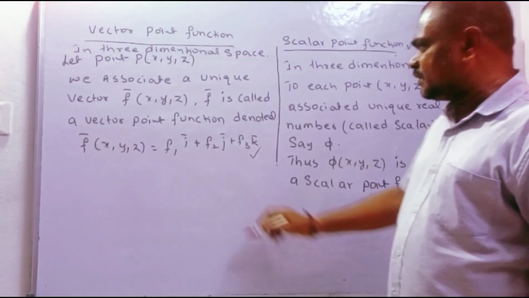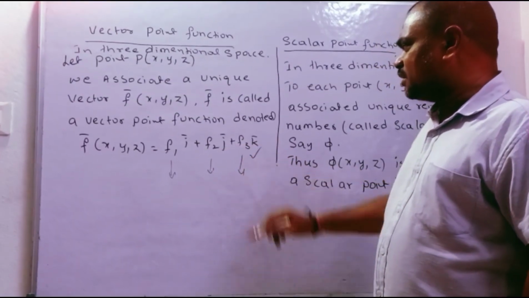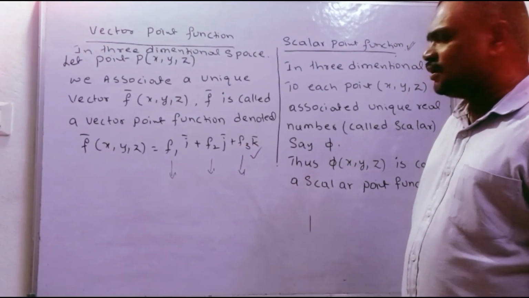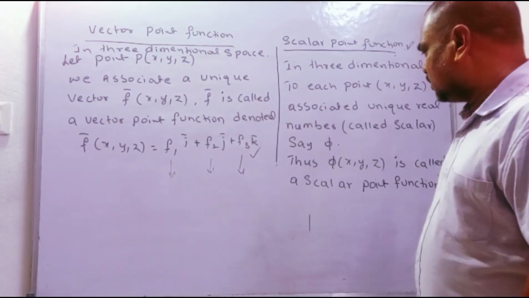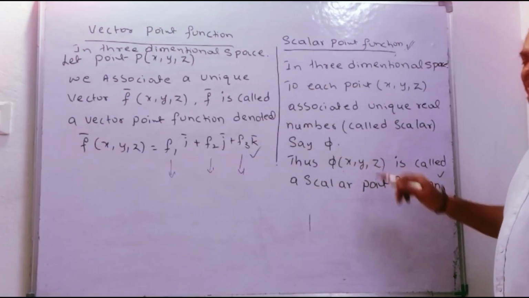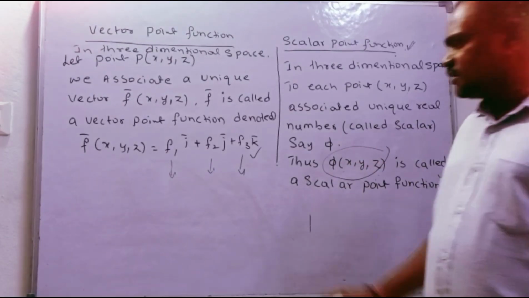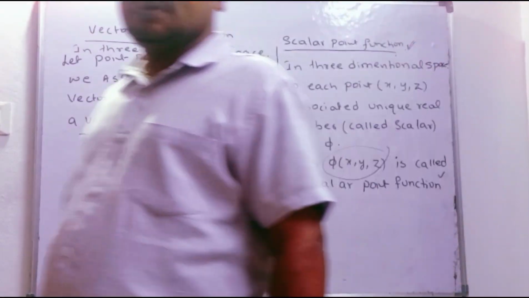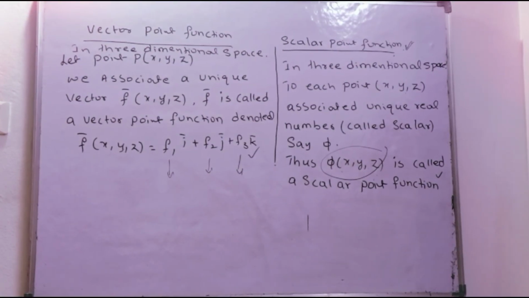A vector point function has the components f1, f2, f3 in Cartesian form. In case of scalar point function, there are no components. So, it is a scalar point function.